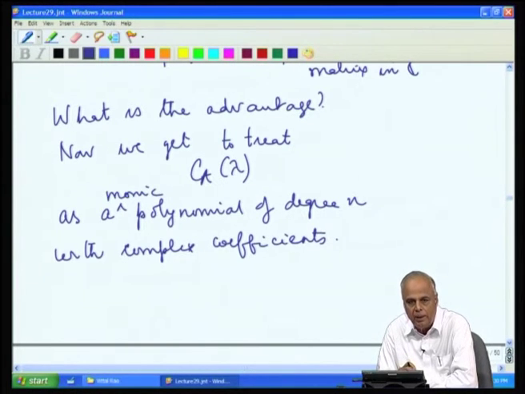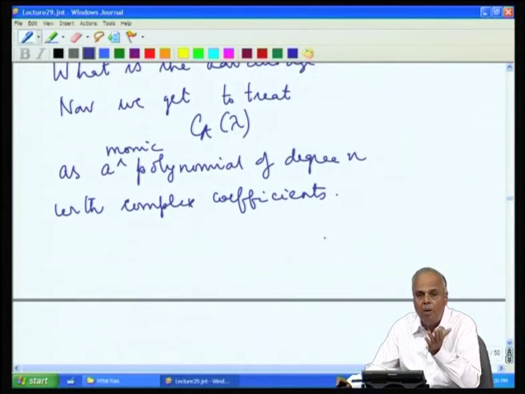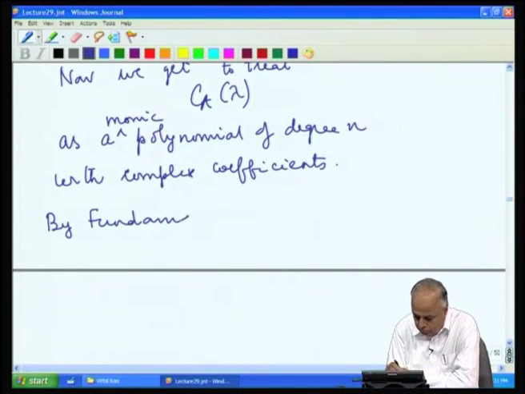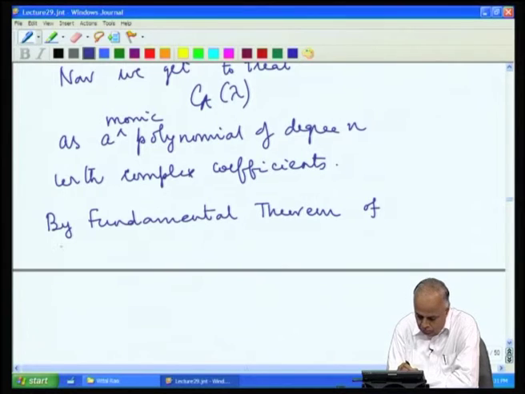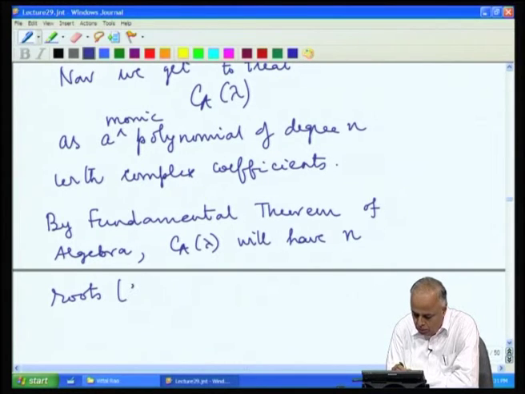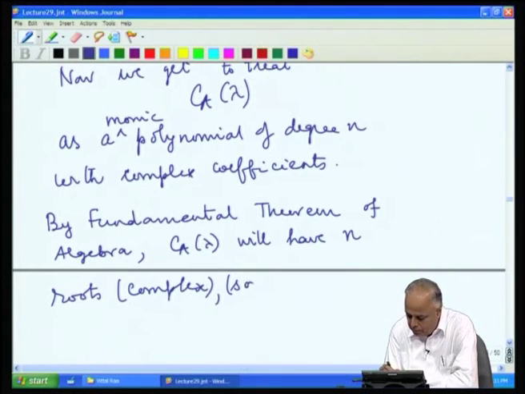Maybe some of the roots are repeated, but if you count the repetitions, the total number of roots will be n, which means a complex polynomial can be completely factored into linear polynomials by the fundamental theorem of algebra. C_A(lambda) will have n roots, the roots may be complex, some of them may be repeated.